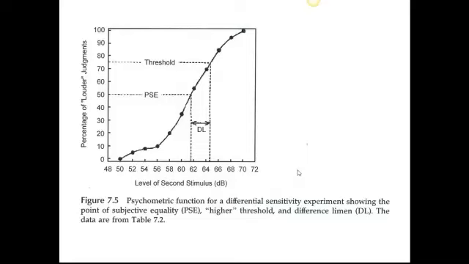What happens with the difference limen is there's a certain point where things will change and the person doesn't hear a difference. Things will change and the person doesn't hear a difference. And then all of a sudden they do hear a difference. And that's going to be the difference limen.